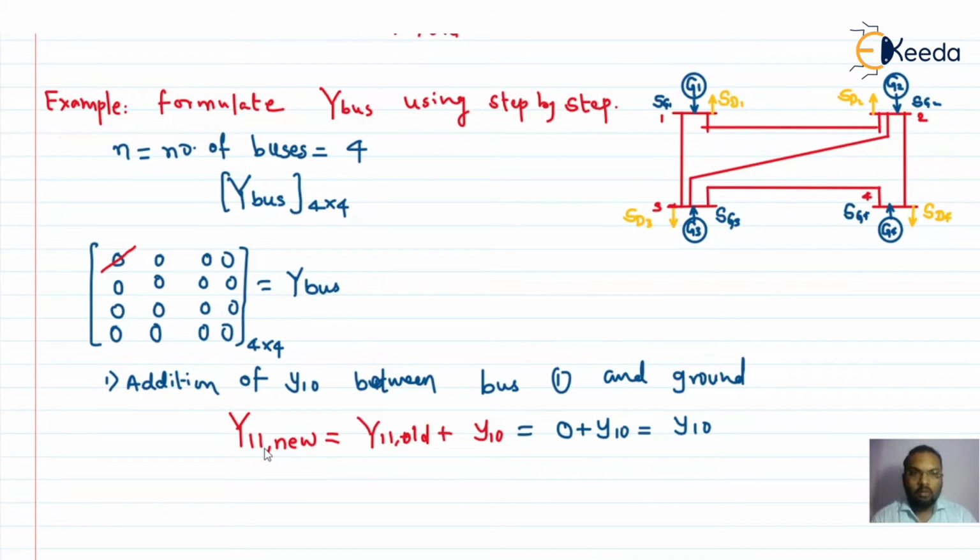Now I'm going to consider the element which has an admittance y12, or an element connected between bus 1 and 2.